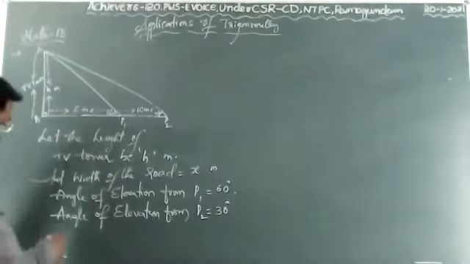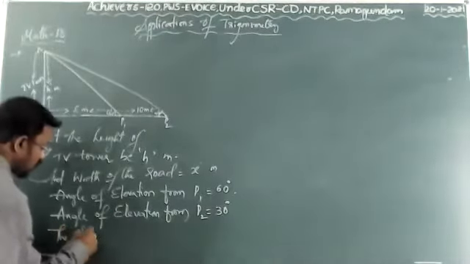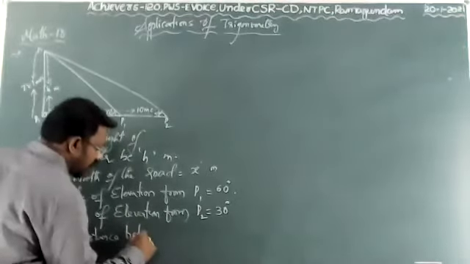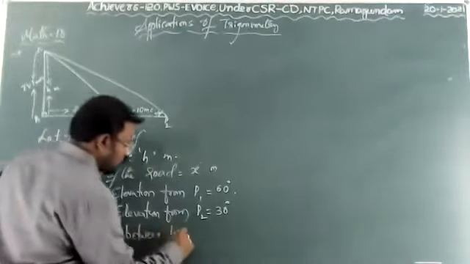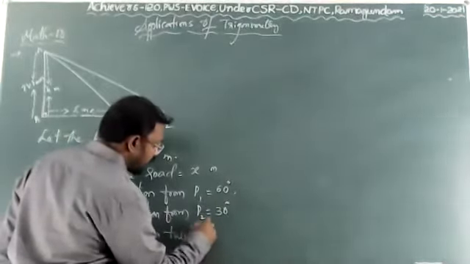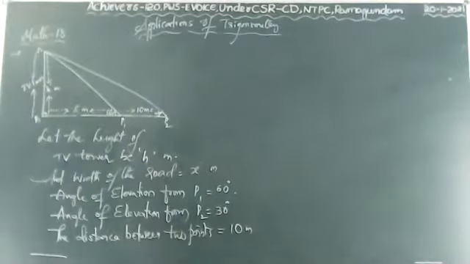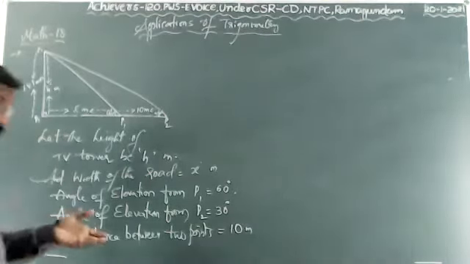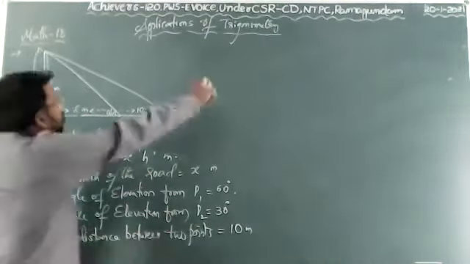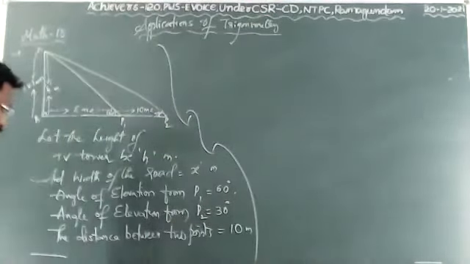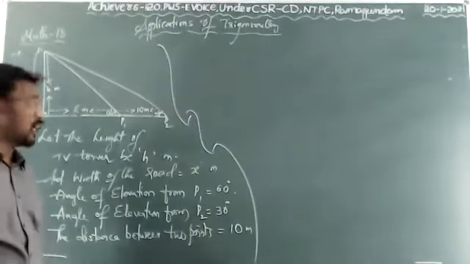And the distance between the two points given is 10 meters. The distance between P1 and P2, you can write 10 meters.